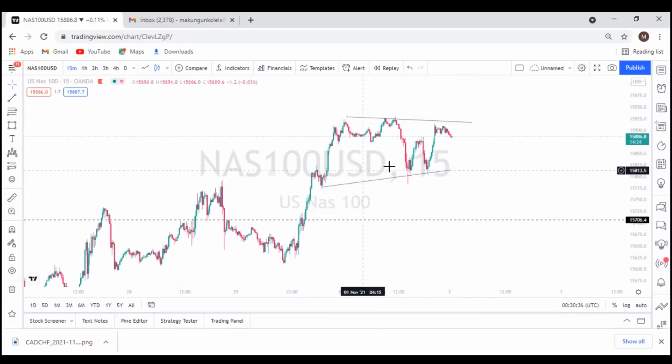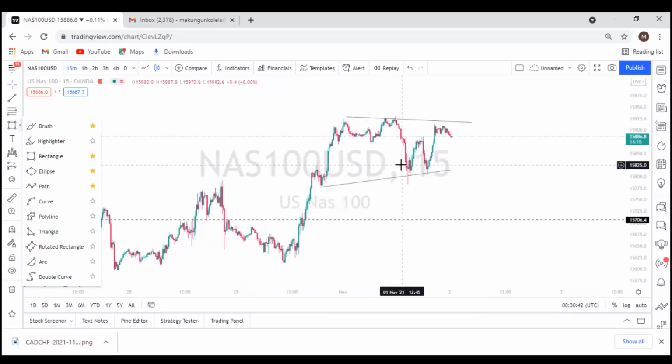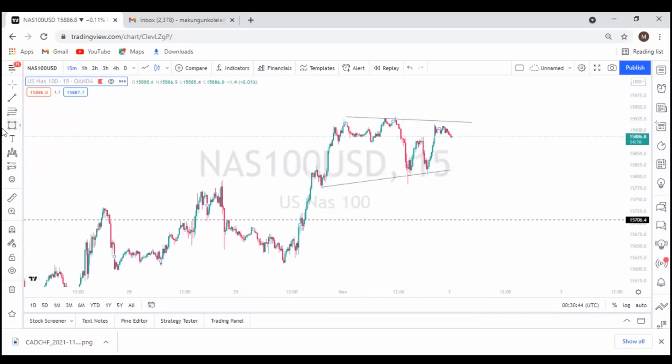And the double bottom, this one here, could have been confluence to my flag and 1, 2, 3 touch pattern.